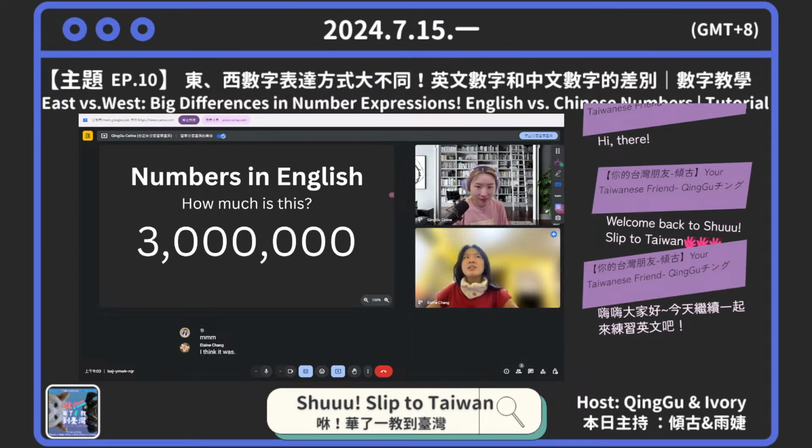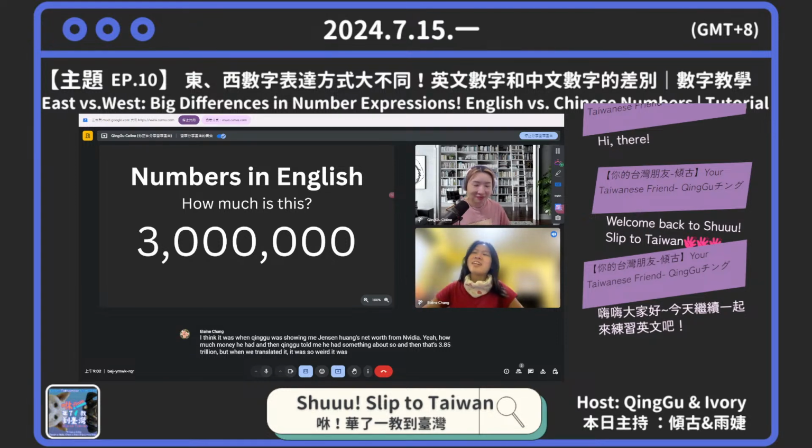I think it was when Qinggu was showing me Jensen Huang's net worth from NVIDIA. Yeah, how much money he had. And then Qinggu told me he had 3.85兆. And then that's 3.85 trillion. But when we translated it, it was so weird. It was really hard at first.